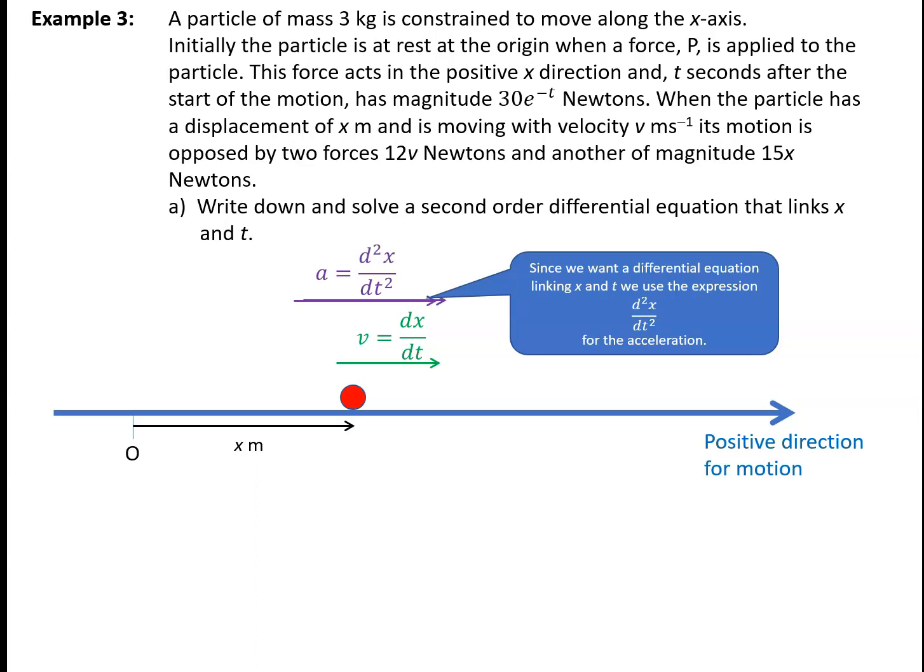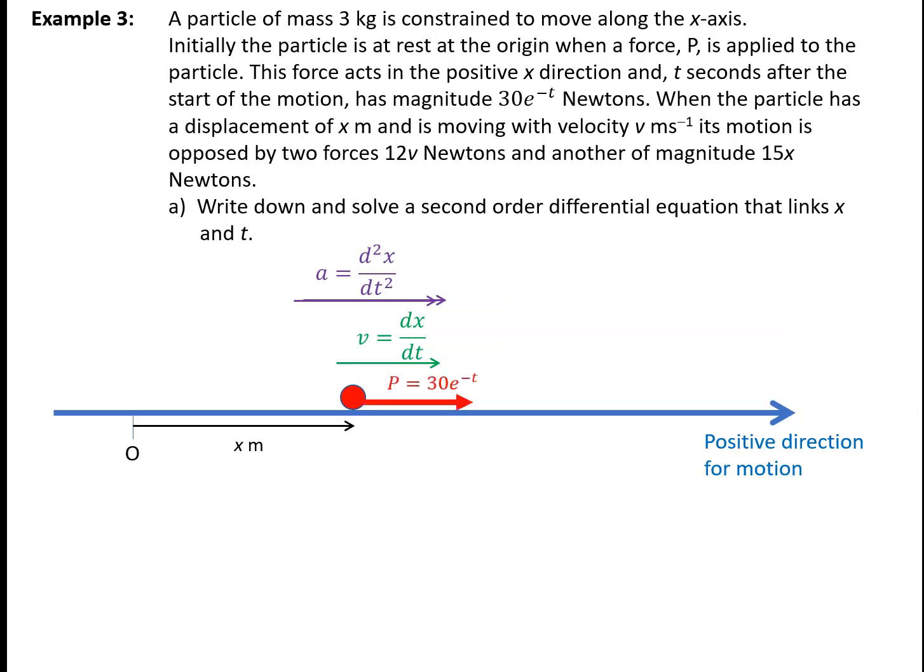Putting the forces onto the diagram, we have the force P, which is of magnitude 30 e to the minus t. And then we have the resisting forces, one of magnitude 12 V newtons and another one of magnitude 15x newtons.